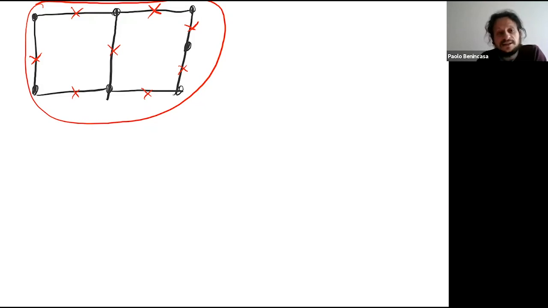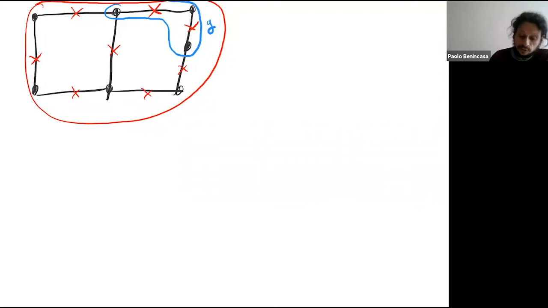What does it mean that I take a residue of a pole of the amplitude? This means that I'm focusing on another subgraph. On this subgraph, I take another subgraph g, and again I apply the rule that I have to erase a number of vertices.